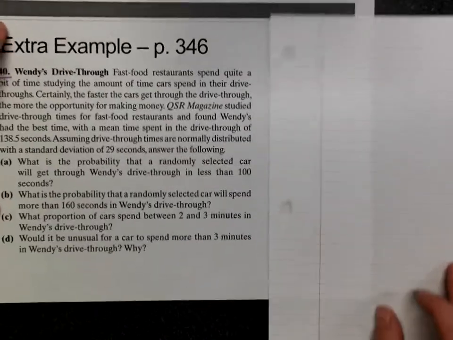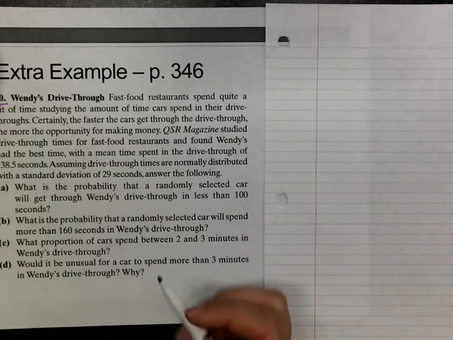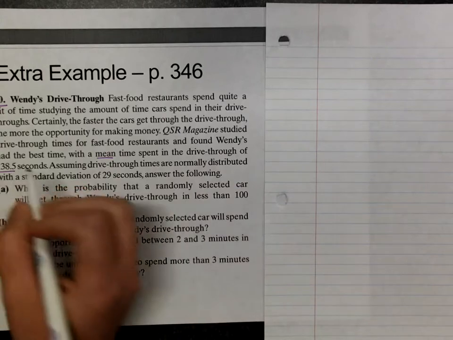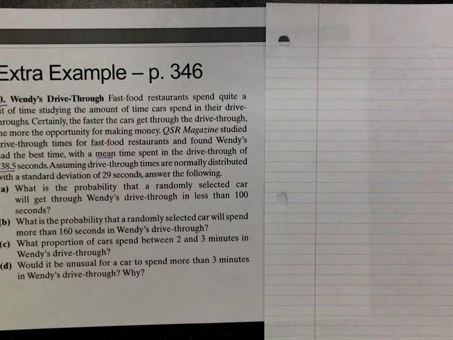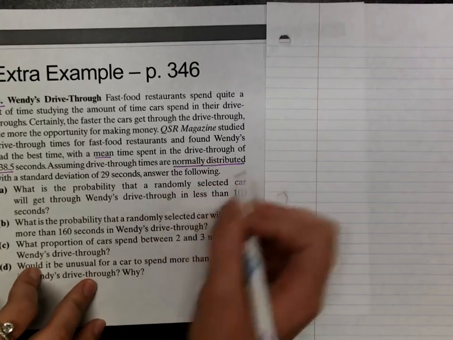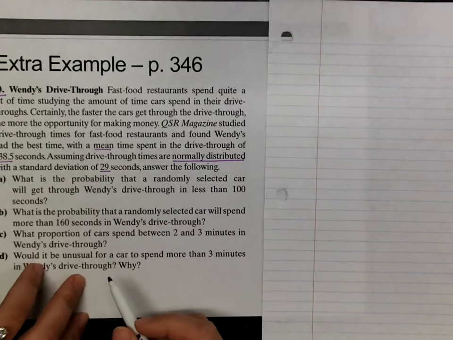Fast food restaurants spend quite a bit of time studying the amount of time cars spend in the drive-thru. Certainly, the faster the cars get through the drive-thru, the more opportunity for making money. So this magazine studied drive-thru times for fast food restaurants and found that Wendy's had the best time, with a mean time spent at a drive-thru of 138.5. Assuming drive-thru times are normally distributed with a standard deviation of 29 seconds, answer the following questions.